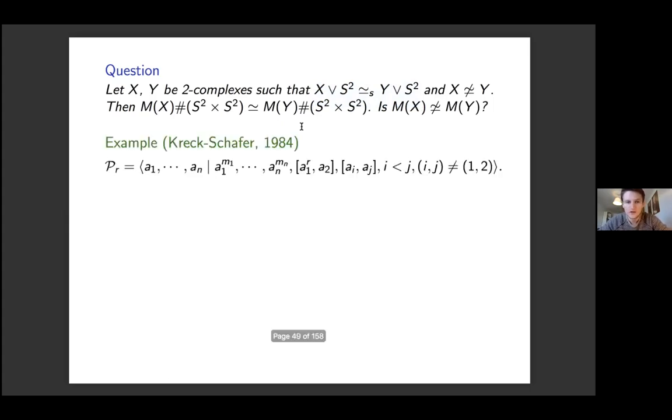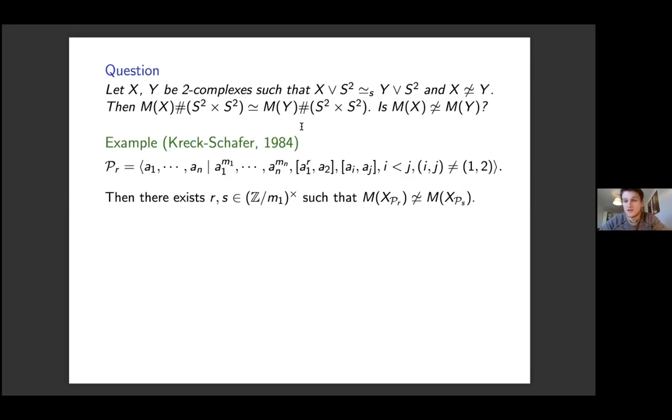Indeed, this procedure was carried out by Craig and Schaefer in 1984. They took these presentations for finite abelian groups, P of R, the ones I mentioned before, and showed that there exist some numbers R and S, and some MI as well, for which these things are not homotopy equivalent. Okay. So the answer is that there are some cases where this happens.